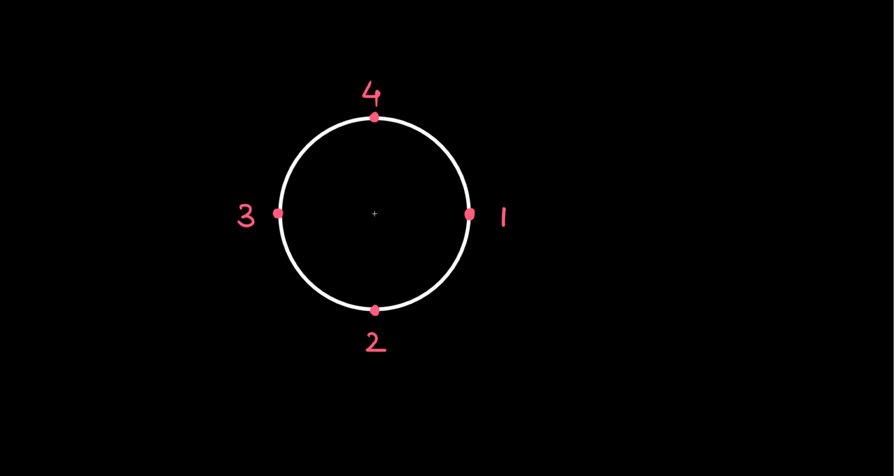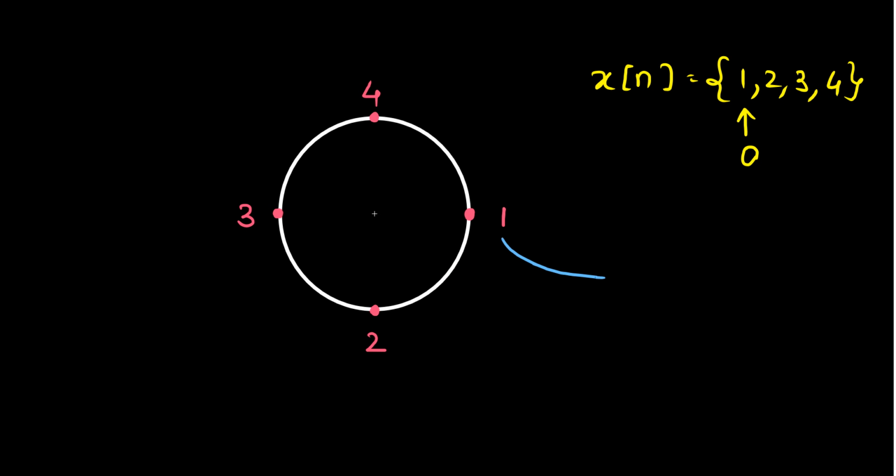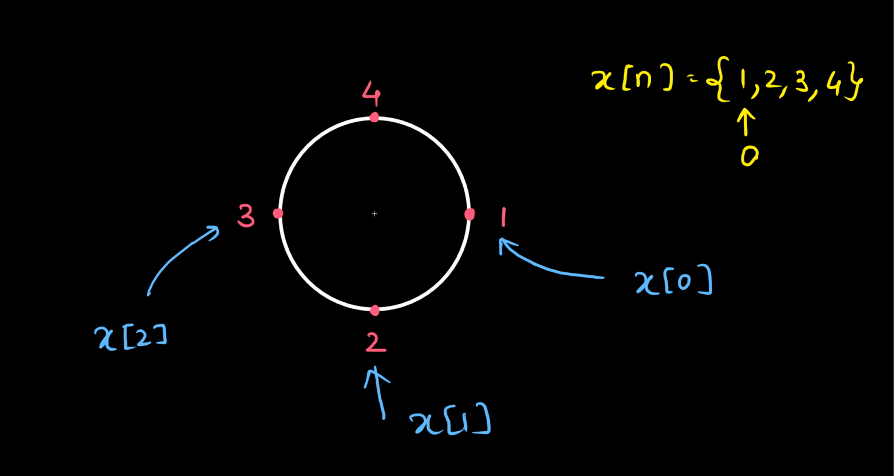So let us try to understand this. Let us represent the values of this x of n, which we had as 1, 2, 3, 4, where this 1 is located at 0, in a circular fashion like this. So this 1 is x of 0, this 2 is x of 1, this 3 is x of 2, and this 4 is x of 3.